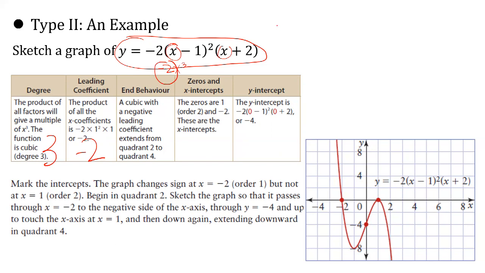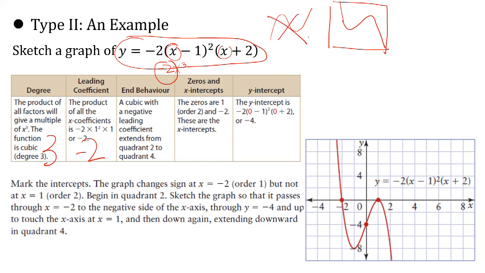So this function will have either a pattern like this or a pattern like this, right? And because the leading coefficient is negative, it must have a pattern like this, not this, right?